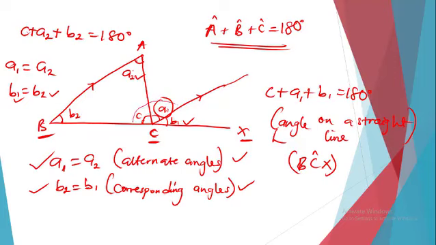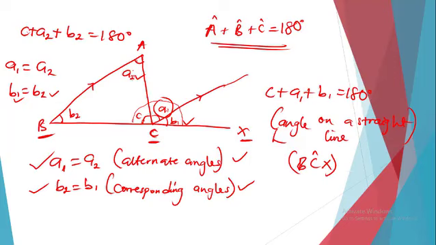If these three things give us 180, the A1 here is becoming the A2 here, okay? The B1 here is becoming the B2 here, okay? So that means that C plus A plus B is equal to 180.